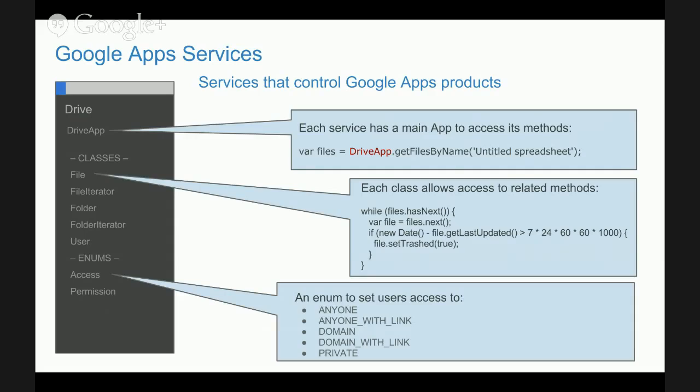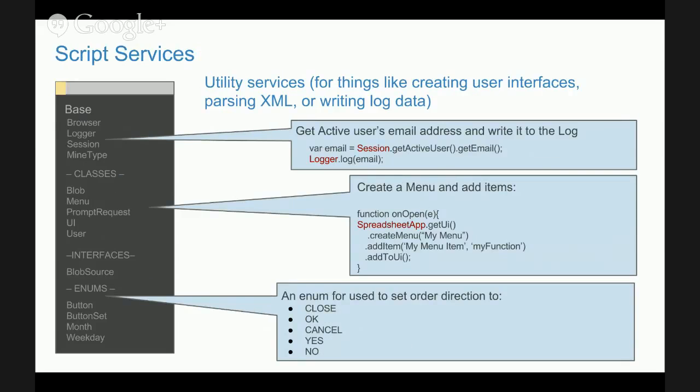For example, anyone with the link, the entire domain, or private. So these are things that you see from Google Apps itself when you go to share a document or do things like that. And then we expose them through these services, so you can create your own application and do the same kind of thing.